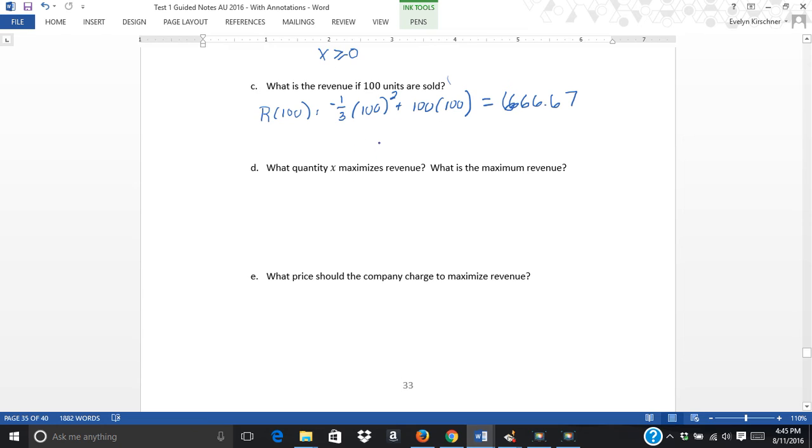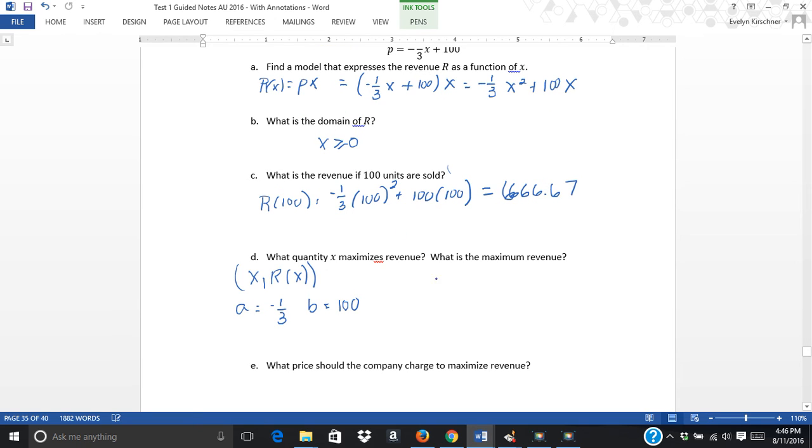So now what I want to know is what X maximizes the revenue. Well, I want to know the vertex, X, R of X, right? I know the X and the R of X. So I know that my A is negative 1/3 and my B is 100. So now I have my X is going to be negative B over 2 times A, which is 150.